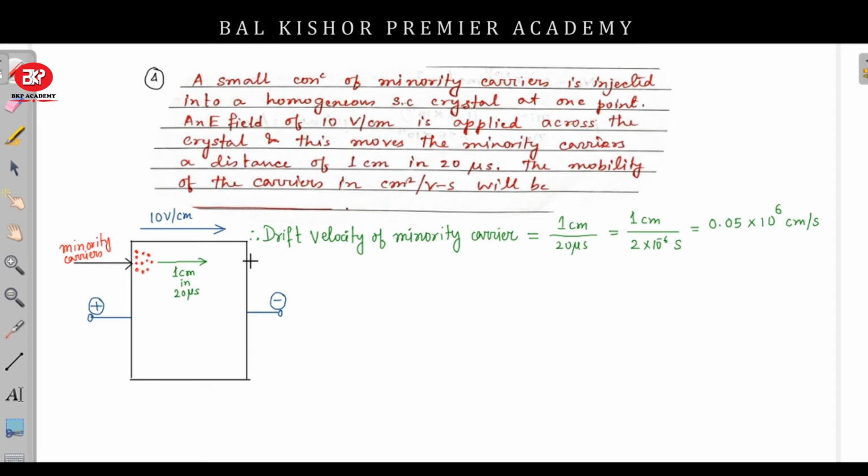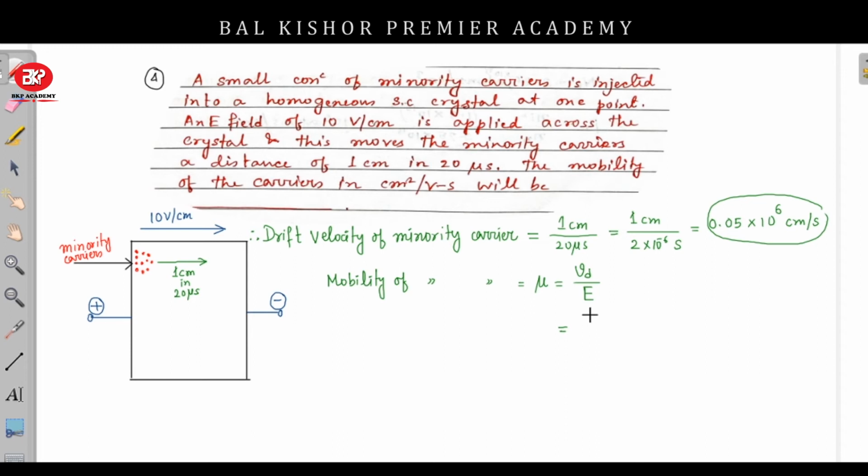So what will be the mobility of the minority carriers? We can say the mobility of the minority carriers, mu, can be written as the drift velocity, Vd, divided by the applied electric field. And we have calculated the drift velocity. It is 0.05 into 10 to the power 6 centimeter per second.